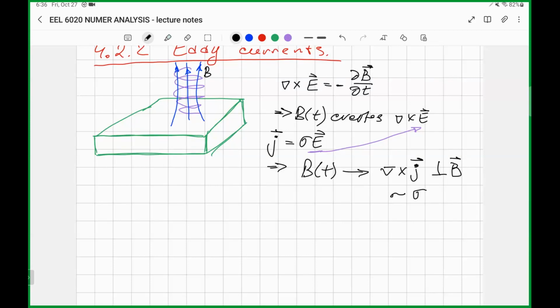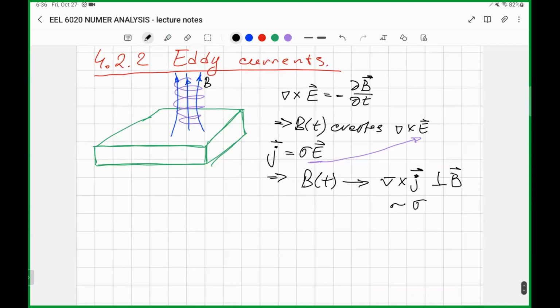It is exactly what we know as the eddy currents.